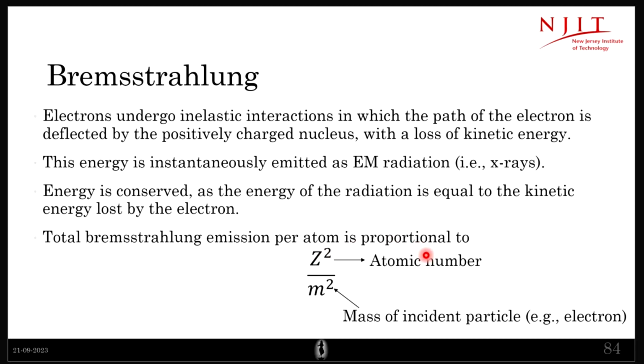Again, don't confuse this with the energy. This is not the energy with which the X-ray is emitting. This is the intensity, if you will. It is the amplitude, or how much intensity is the X-ray coming out. So the intensity depends on the atomic number for braking radiation. All okay with this?